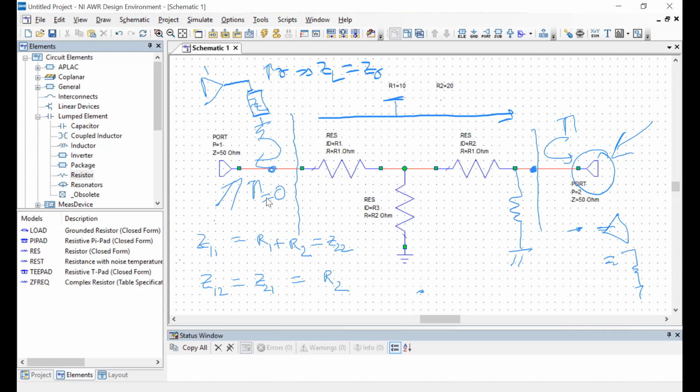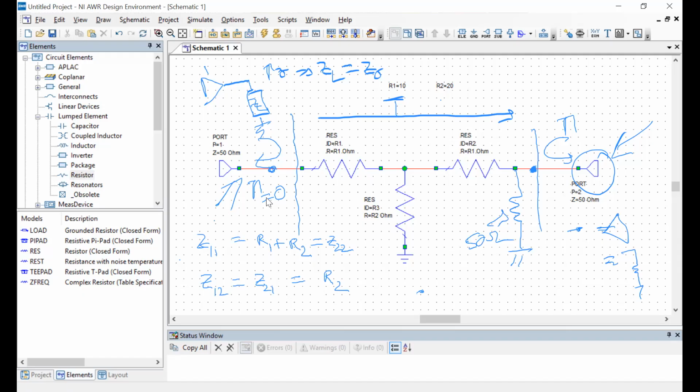The attenuator's values R1 and R2 are chosen to give you 0 reflection coefficient on one of the ports only when the other port is terminated with 50 ohms. I hope this is clear. This is very important when you're analyzing networks like this: whether the other end has to be terminated or not, depending on what you're doing.